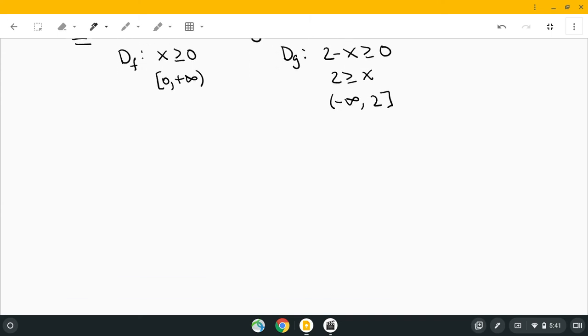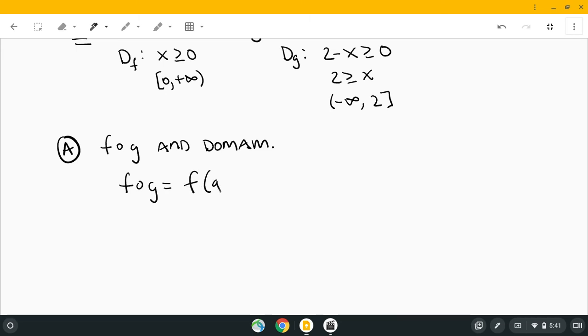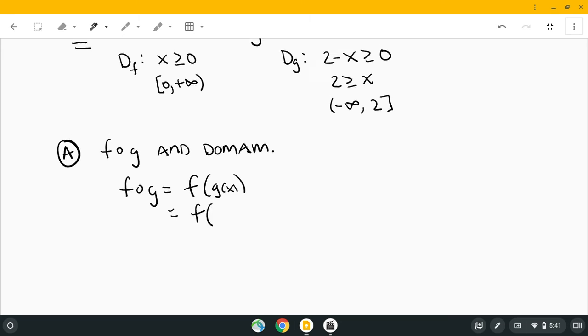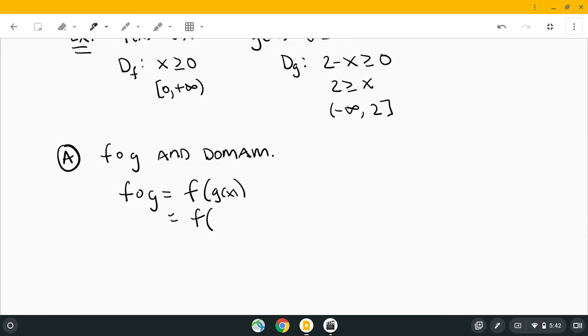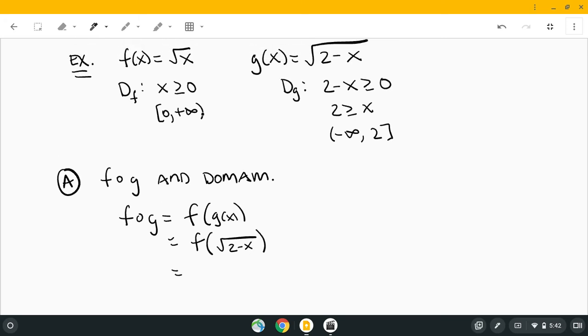Let's see. A. Let's find F circle G and the domain. All right, so F circle G means F of G. What is G? F of square root 2 minus x. So that's what we're going to substitute into the F function.